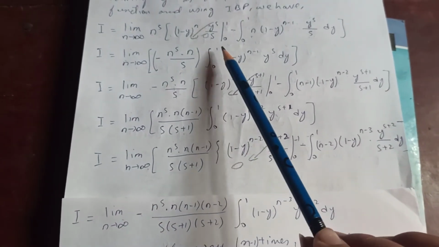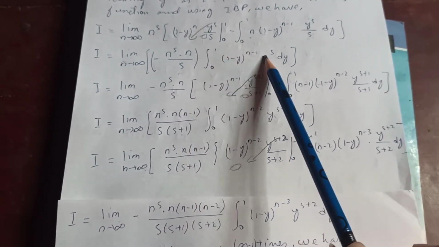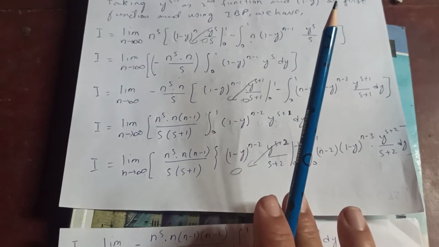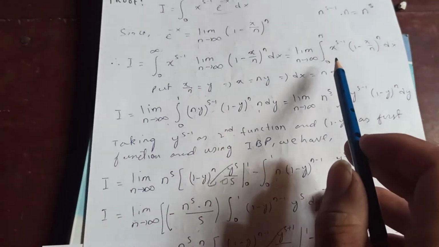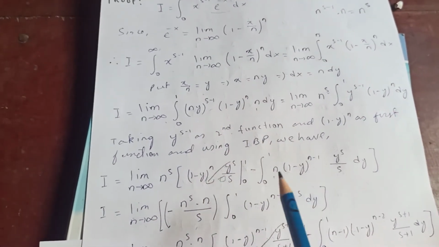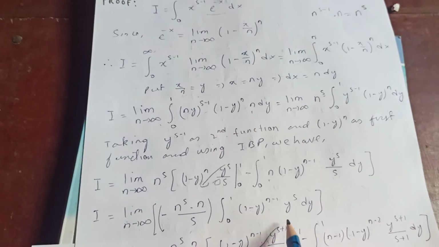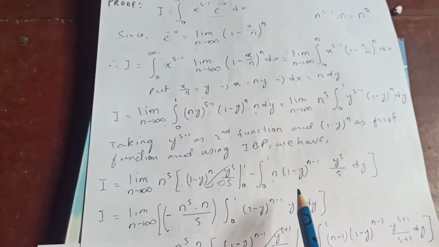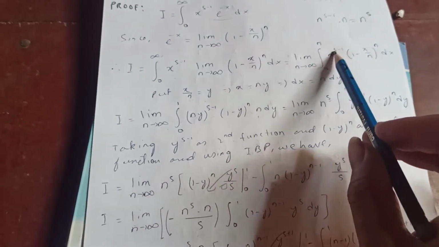what we can find is that when we do the integration by parts, one time you will get this s. Our original is s minus 1, right? So when we do the first integration by parts, you will get s. That means this s minus 1 is increasing.